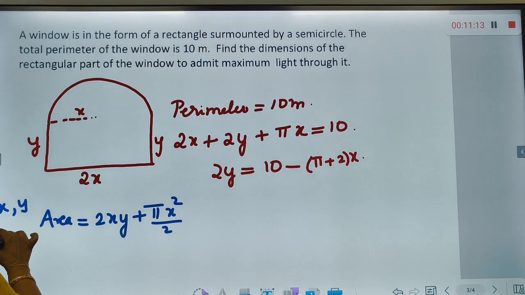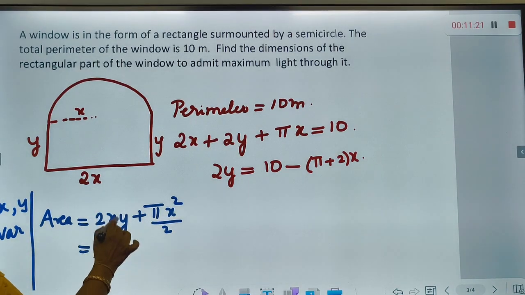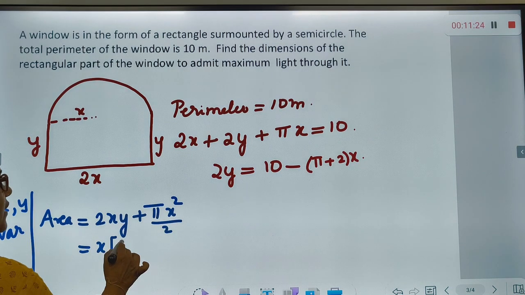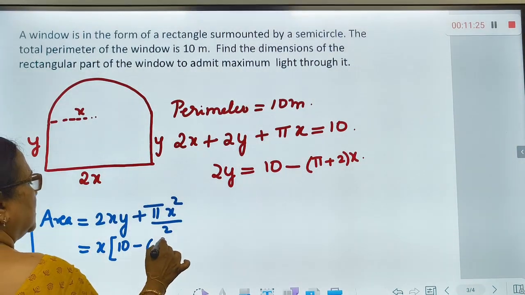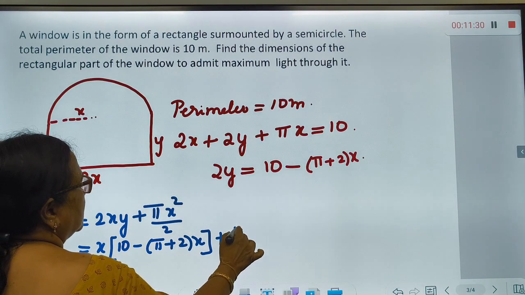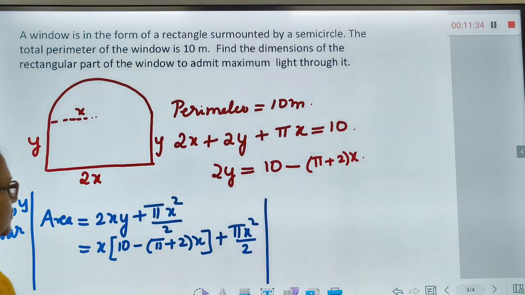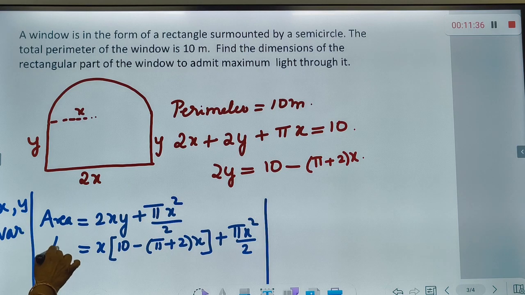X and y are both variables. So I have to express one in terms of the other. Now this I am going to write as x into, for 2y I can write 10 minus pi plus 2 into x, plus pi x square by 2. Okay, this is the area function.